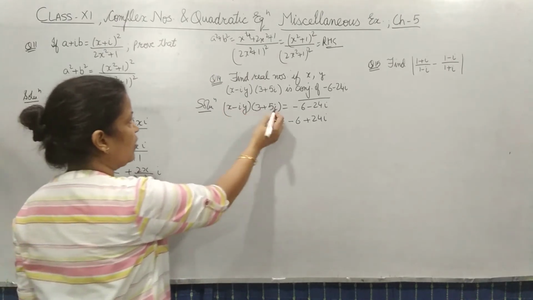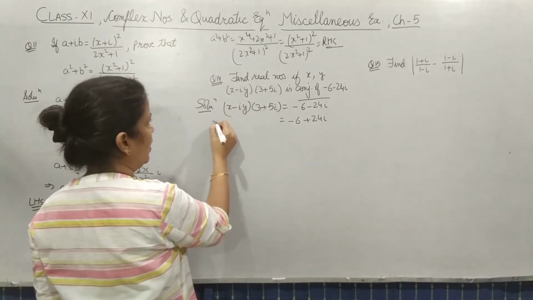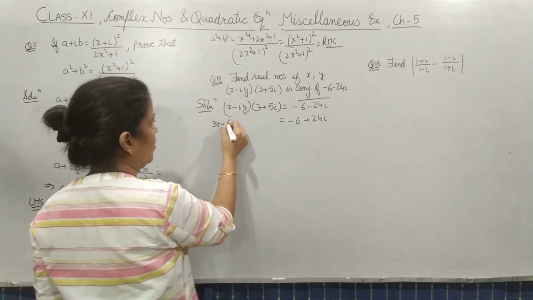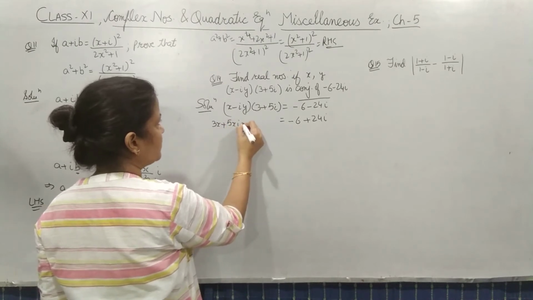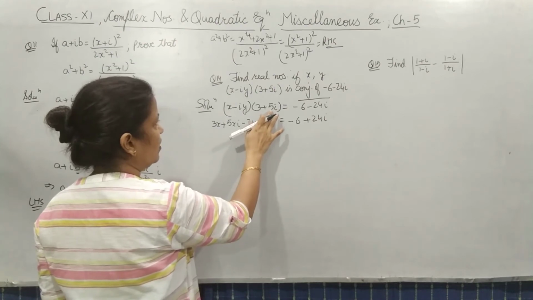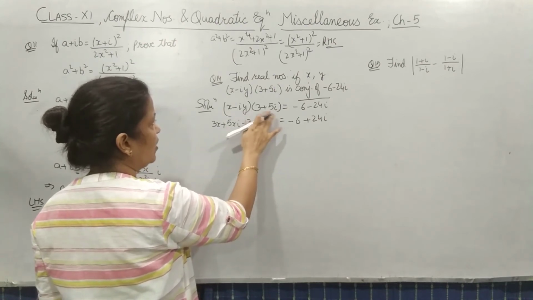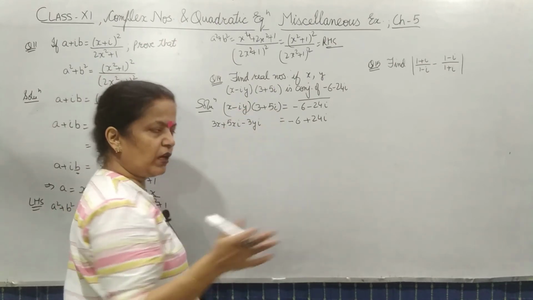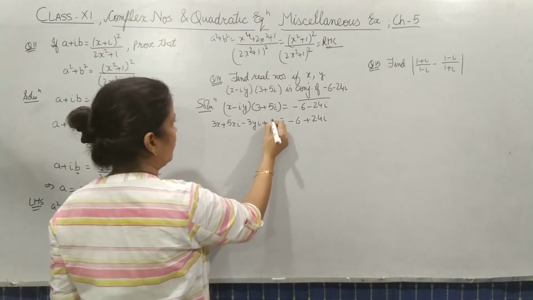And solve this one. So it will be 3x plus 5x iota minus 3y iota, and this is minus 5y iota square, so it will become plus 5y.